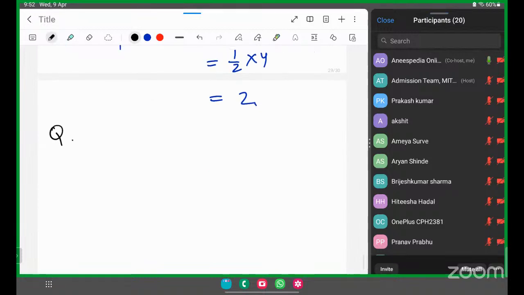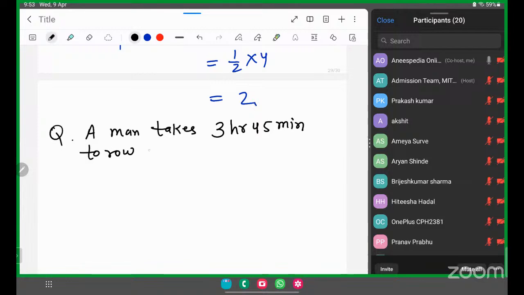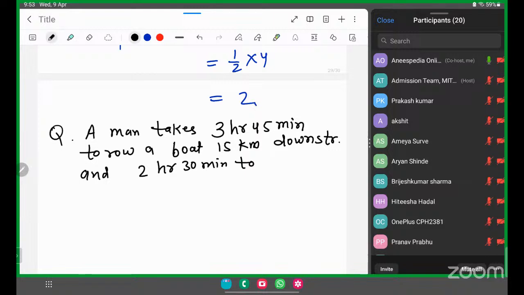Next question is, a man takes 3 hours and 45 minutes to row a boat 15 kilometers downstream of a river, and he takes 2 hours 30 minutes to cover a distance of 5 kilometers upstream.